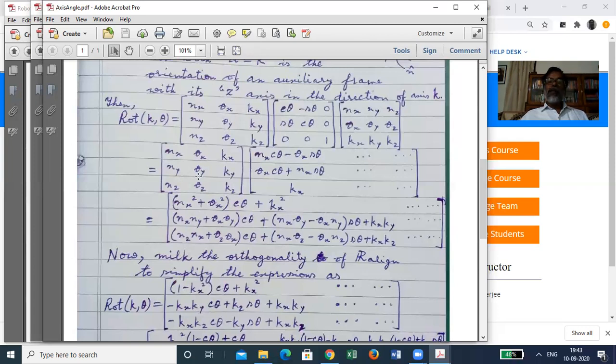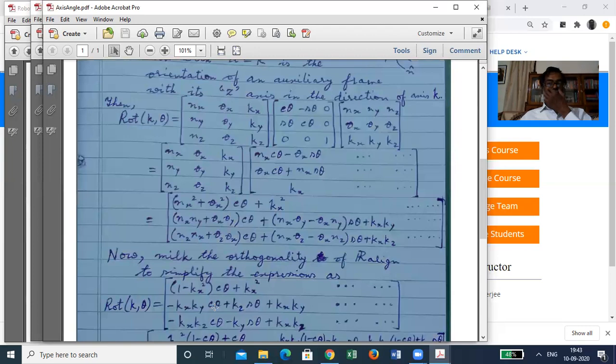And then from orthogonality, we also know that this vector and this vector are orthogonal. That means nx ny plus ox oy plus kx ky is 0. So here you have nx ny plus ox oy, which you write as minus kx ky, giving minus kx ky cos theta.